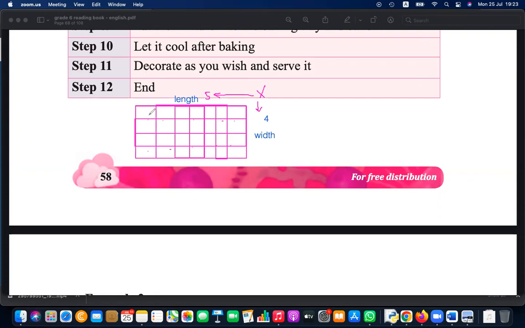Yes, what is the value? Here, 1, 2, 3, 4, 5, 6, 7. So the height side, there are 7. The width side, there are 4. 7 by 4 is 28.